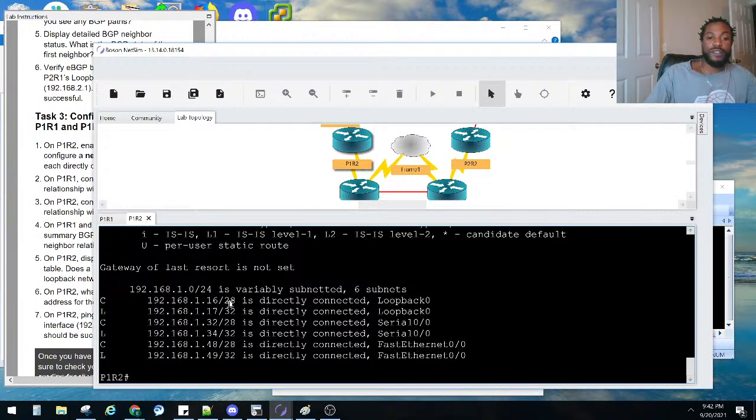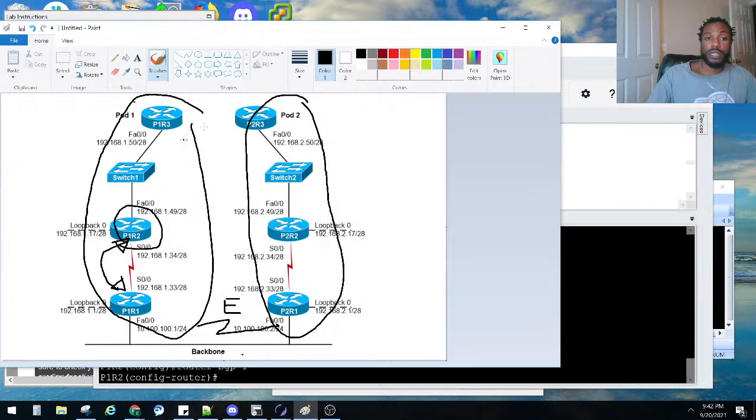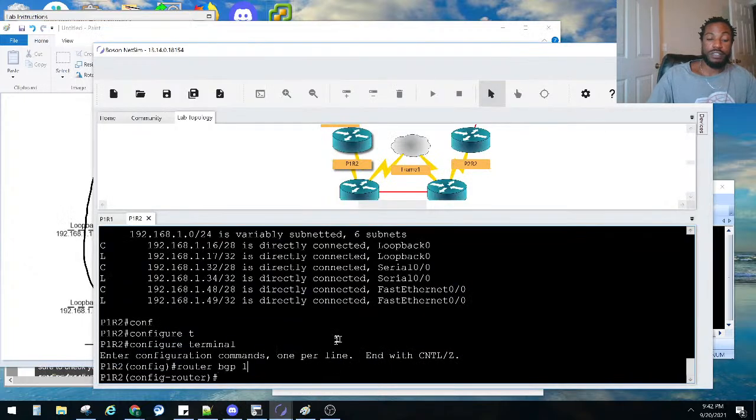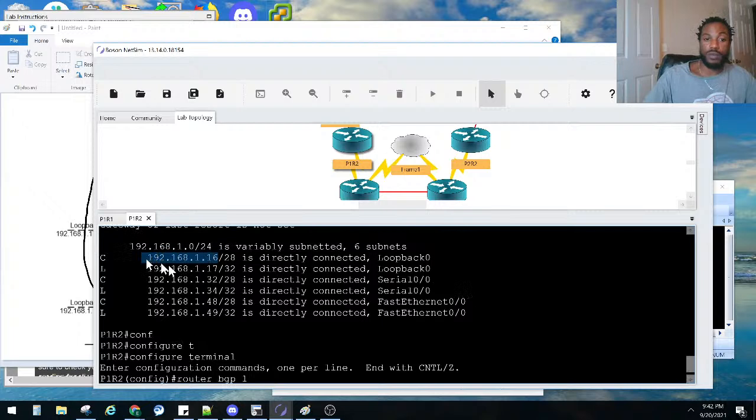We have the 1.16, the 1.32, and 1.48 networks. So we got to put network statements for each one of those. We go to global config mode, router BGP. What AS are we in? We're in AS1. Remember, this is AS1 and this is AS2, and we're working on this guy right here. So he's in AS1. Now we do the network statements for these ones that we indicated in the routing table.